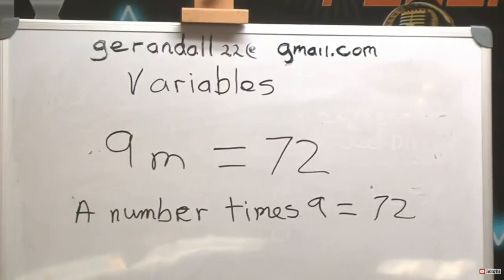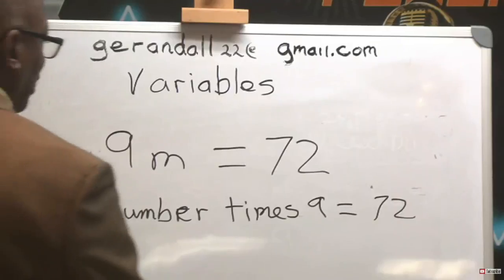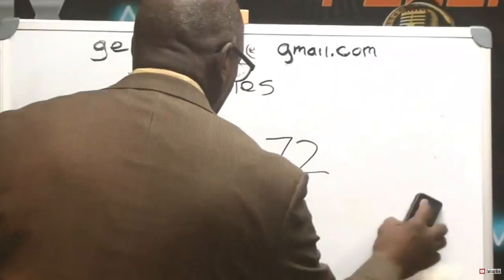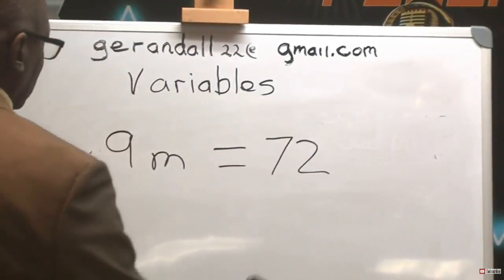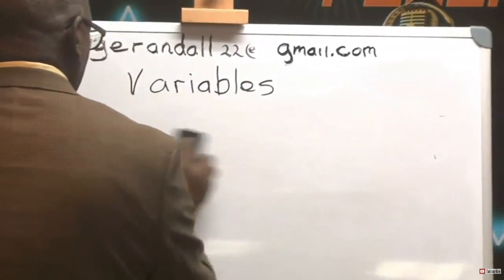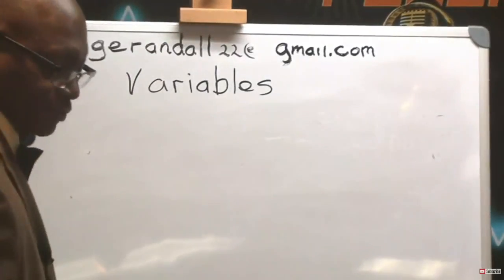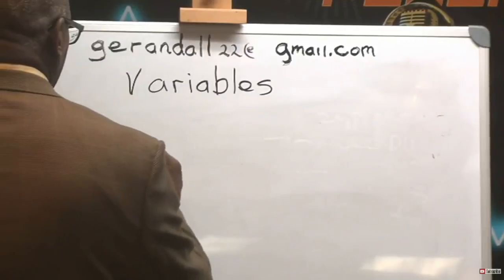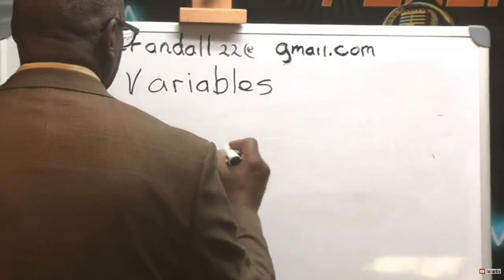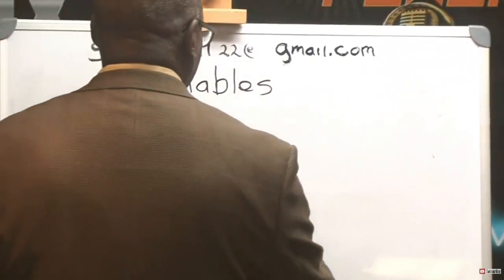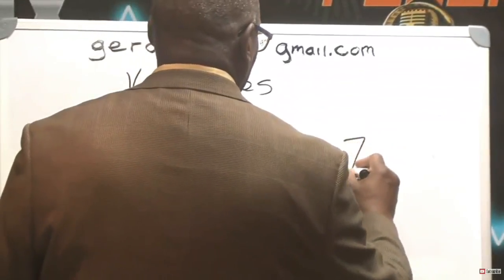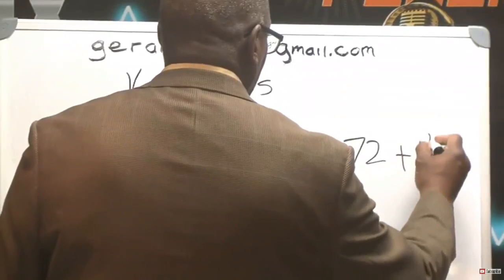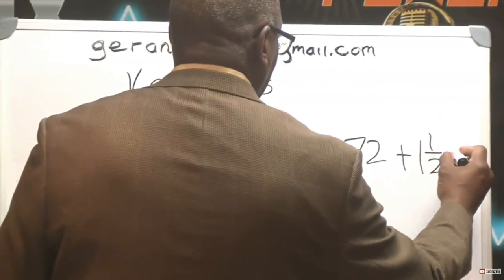Eventually, you won't be able to see what the answer is because you'll get an algebraic problem that will look like this: 9m plus 1/2 equals 72 plus 1 1/2 m.